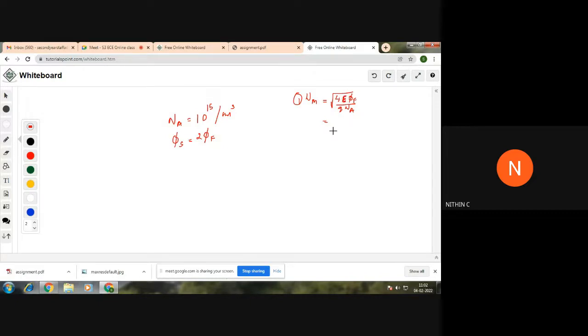Phi f is equal to kT by q ln Na by Ni. For silicon you can take Ni as 1.5 into 10 raised to 10.